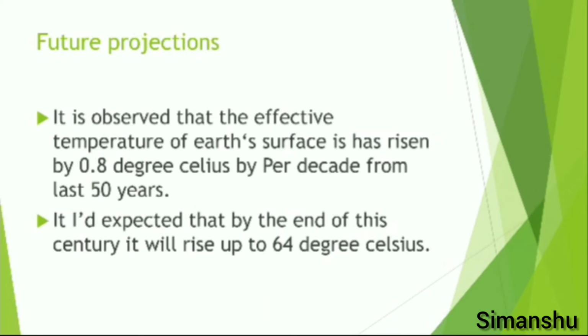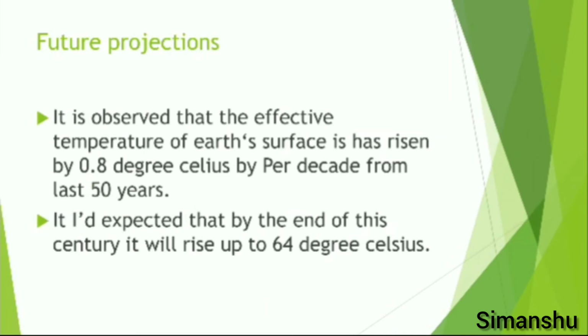Now, what are the future projections regarding it? Studies about the greenhouse effect have shown that in the last 50 years, how many decades were there in 50 years? 5. So in the last 50 years, every decade, the temperature of Earth's surface rose by 0.8 degrees Celsius.